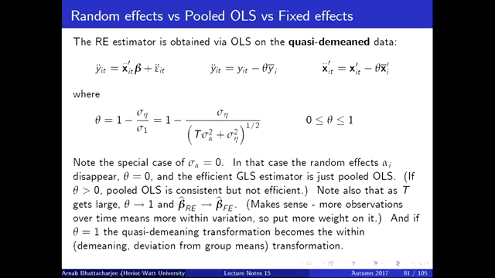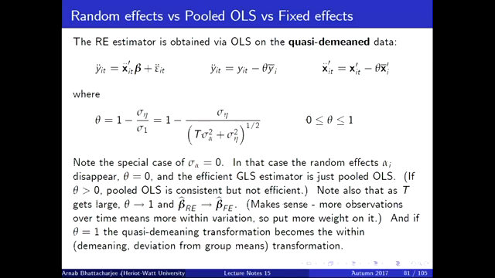Suppose this guy is 0. What does that mean? That means that there is no variation in this alpha_i, which means that there is no alpha_i, right? There is no individual variation at all. Okay? So if you substitute sigma alpha square equal to 0 here, what happens?